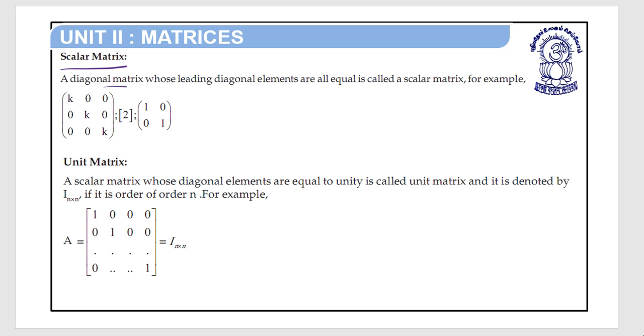Scalar matrix. A diagonal matrix whose leading diagonal elements are all equal is called a scalar matrix.